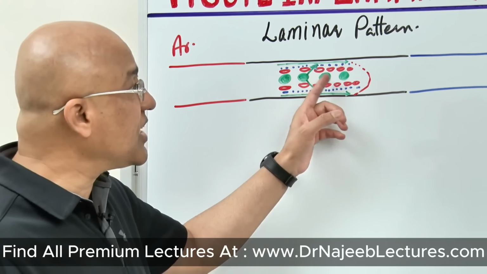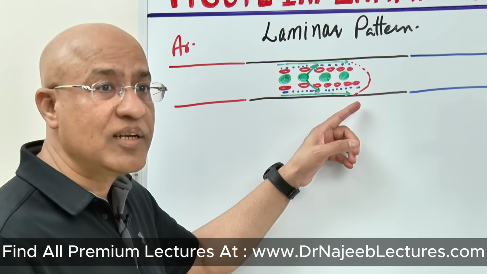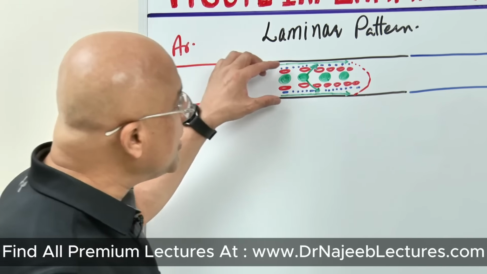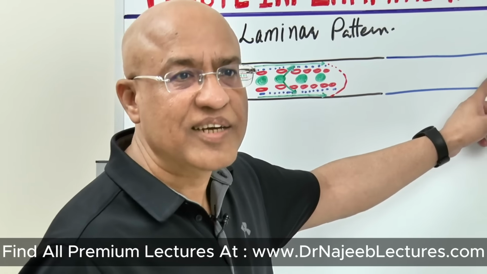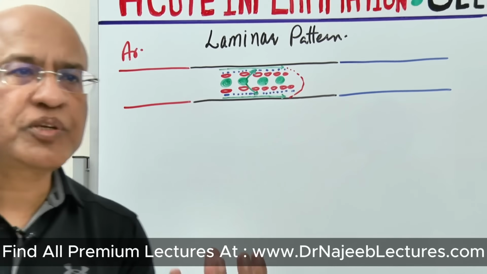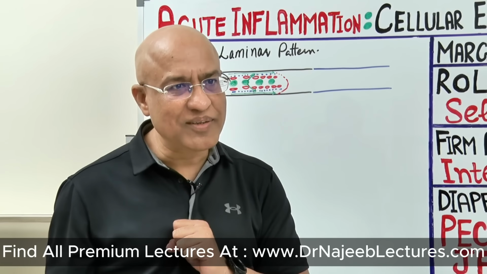Rather, if they stay in the center and don't come to the margin, then as more blood comes, they will move through the microcirculation into the venous side, and the inflamed tissue will not be able to capture the neutrophils or white blood cells.